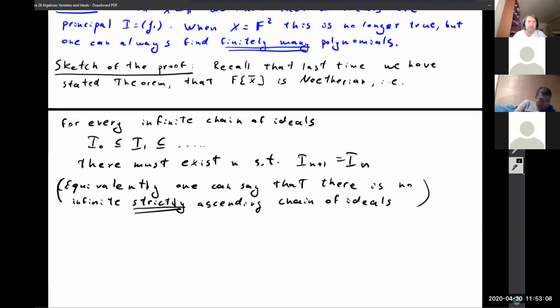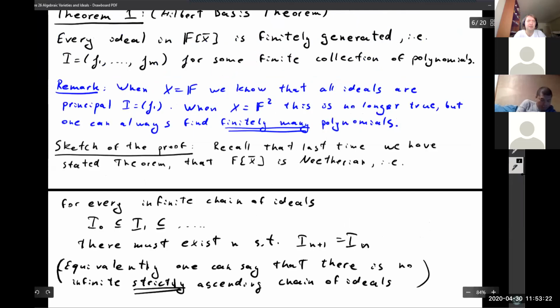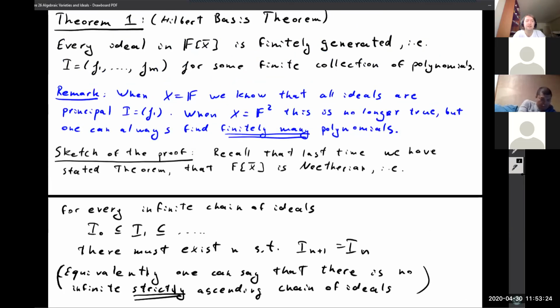Okay, so now we're going to prove that this actually implies immediately that every ideal is finitely generated.